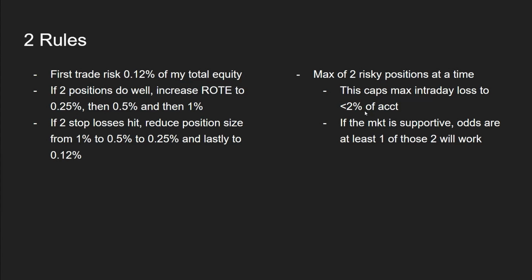You don't have to pile into 10 breakouts to find out if breakouts are working. 2 breakouts are going to give you enough information on whether the market is constructive and you can start to take more long positions or not. So try to curb the FOMO and never get into more than 2 positions per account at any given time.